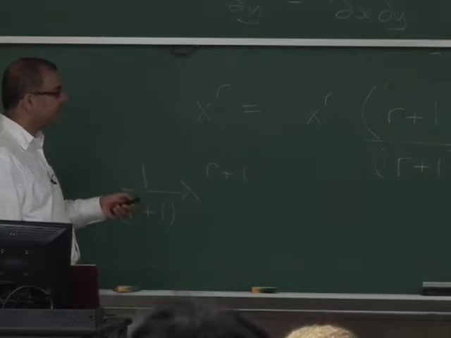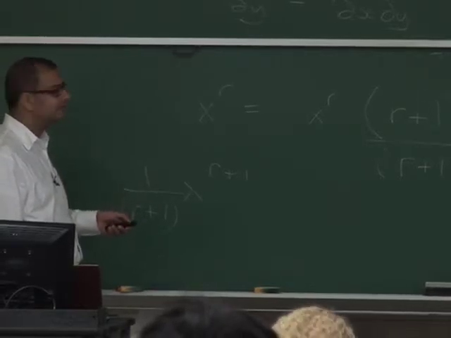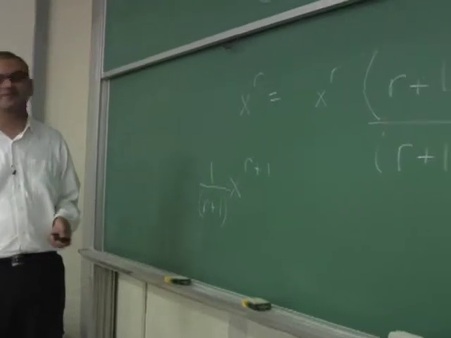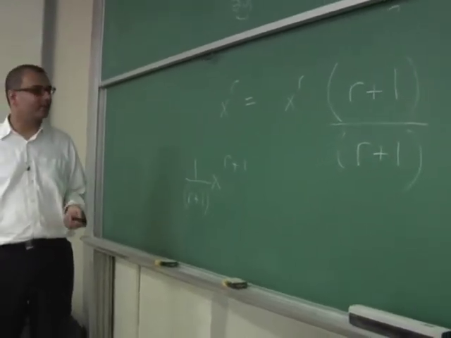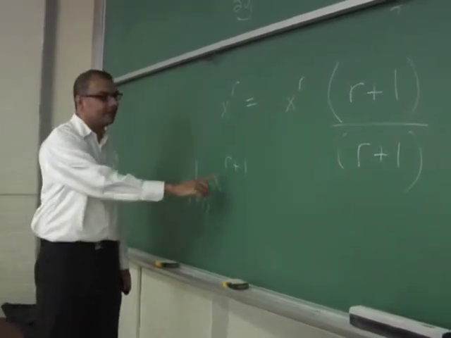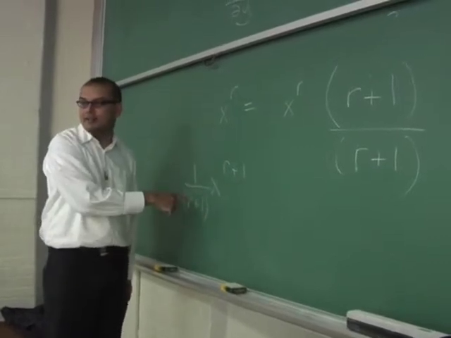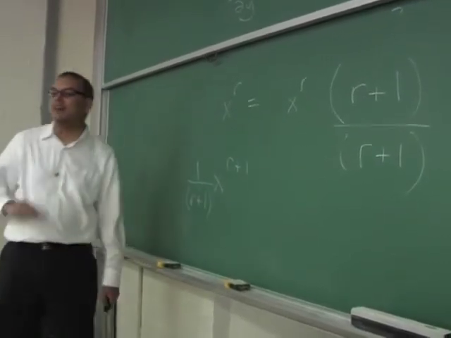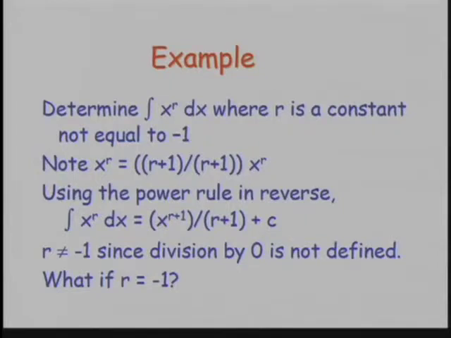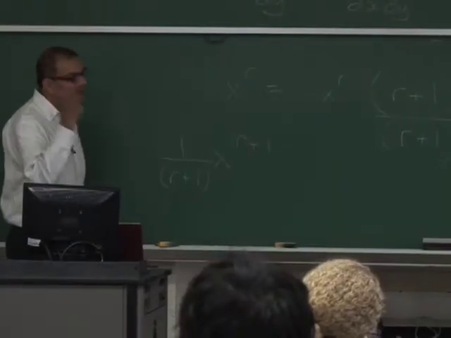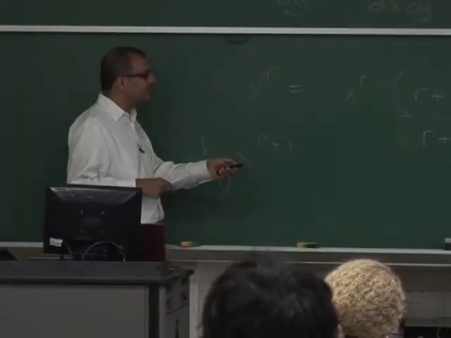It may not help you to think about it this way. Well, you know, if you just want to think about it as take the new exponent and divide the old coefficient by the new exponent, that's fine. Okay, but here's why you want to know exactly why. Here's why you want to think about this.